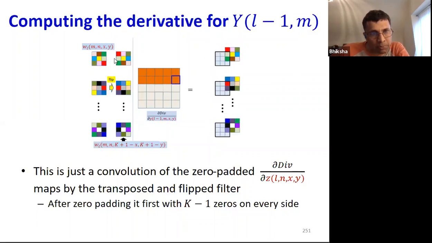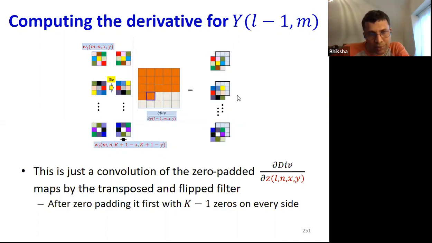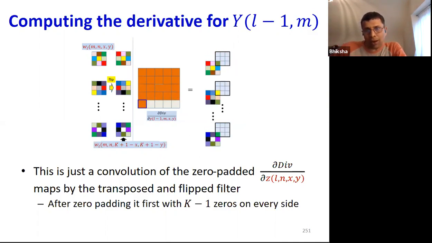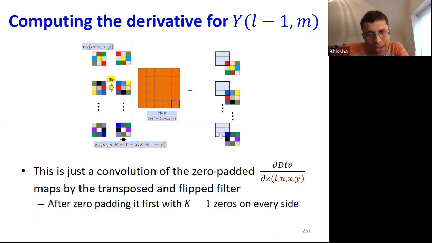You pick the mth planes, you flip them, and then you convolve the collection of these. Now, one thing you observe is I'm continuing the convolution beyond the bottom right position. So long as these filters have even one element overlapping with these maps, I'm continuing the convolution.